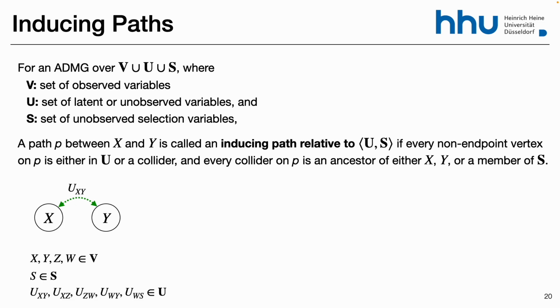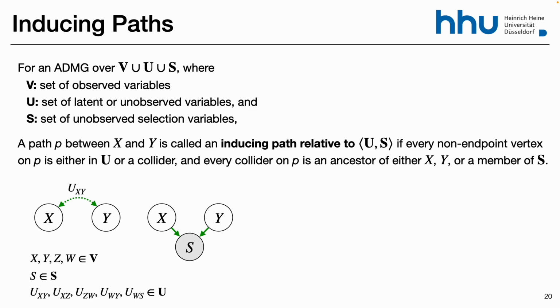So just a bidirected edge is an inducing path. It's the easiest case. That's the selection node. The selection node is unobserved, so I'm representing it here in gray, and it is conditioned on. That's why it's creating association between X and Y, and that's why the edge between X and Y is undirected. There are just tails on this.